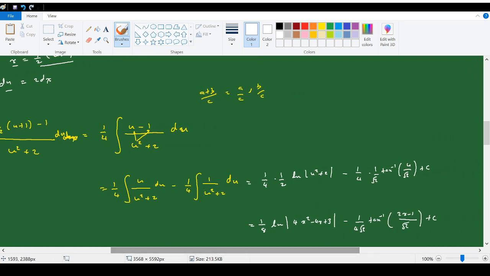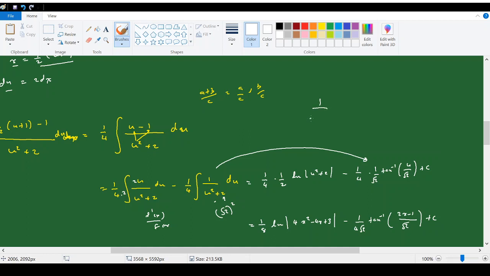So now here we have f prime x over fx, but be careful, you have to put 2 here and then divide by 2. And for this one we use the result of the integral with the tan inverse. So this one you can visualize as the square root of 2.